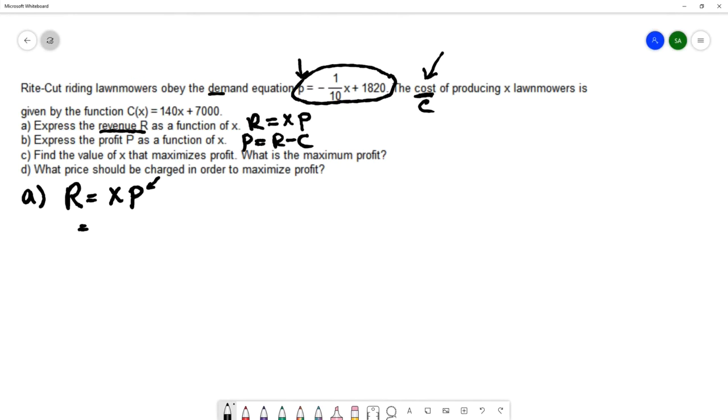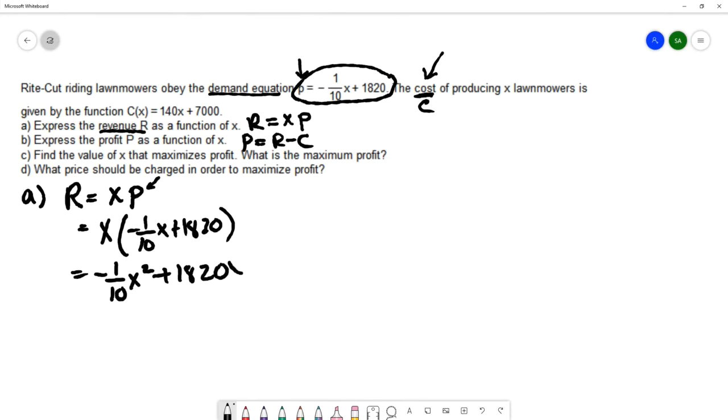But in that demand equation, that P stands for price. So we're going to be able to use that price in this formula. So we have x times (-1/10 x plus 1,820). And we'll distribute that x to each term and get -1/10 x squared plus 1,820x. So now we've answered part A.